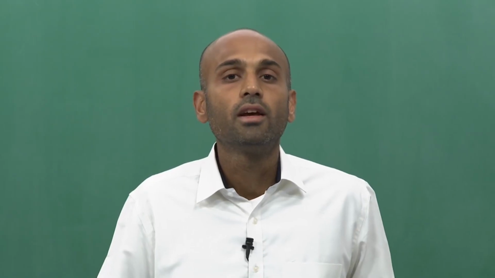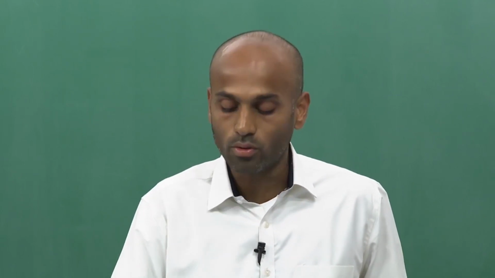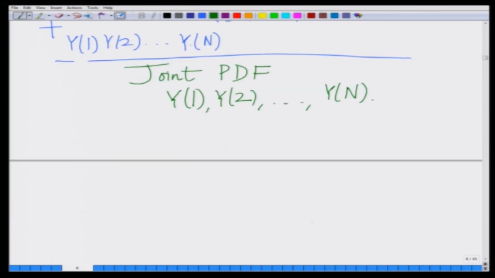Towards this end, we will make a simplifying assumption. We are going to assume initially that these noise elements V1, V2, Vn are IID, that is, independent and identically distributed.